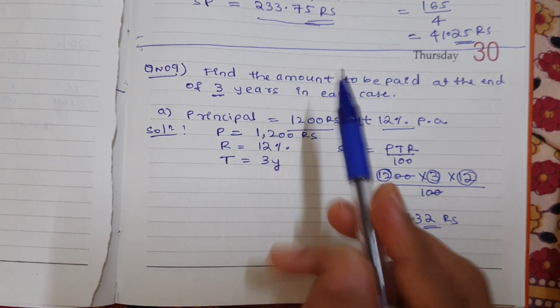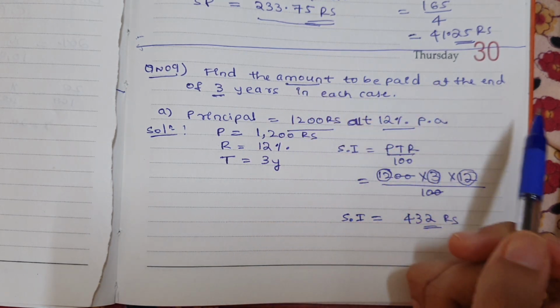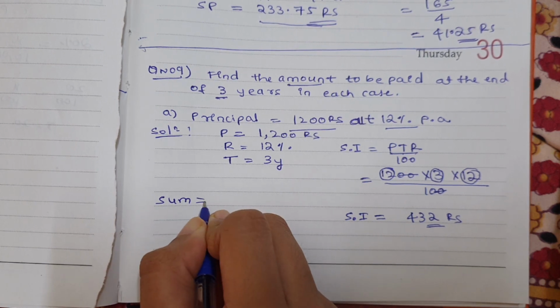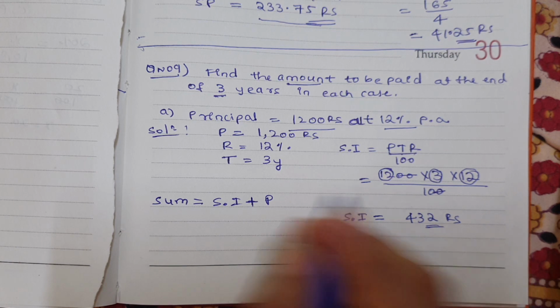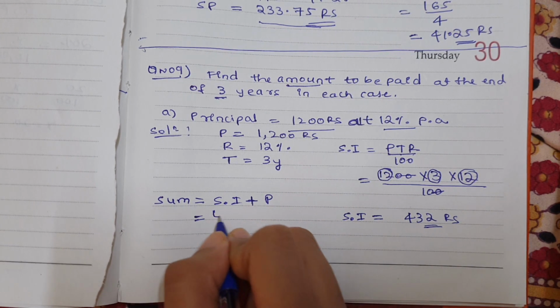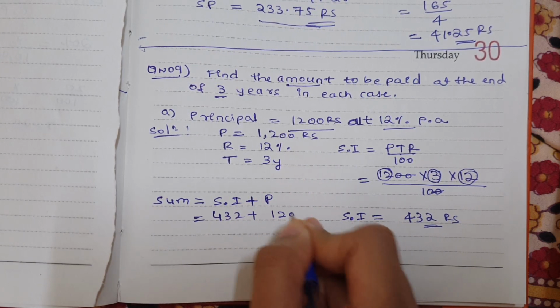But we have to find the total amount. We have to find the amount to be paid at the end. That means a total amount or a sum. Sum is equal to simple interest plus principal amount. Simple interest is how much? 432 plus P is 1200.